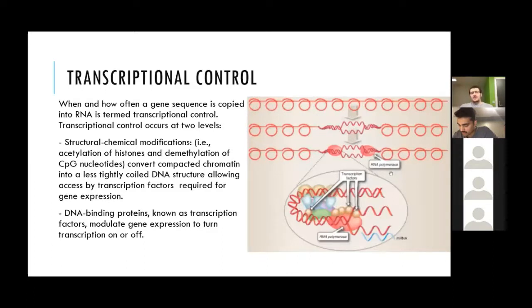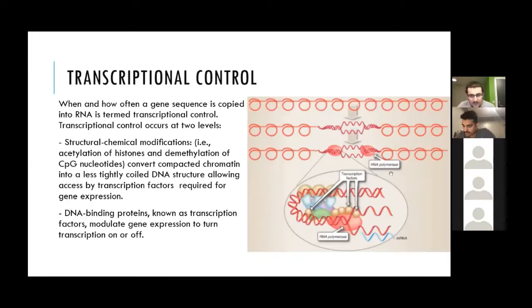What's transcriptional control? It's basically the control on how often a gene sequence is copied into RNA so that it can be translated. So transcriptional control is when you choose what DNA is copied into RNA.